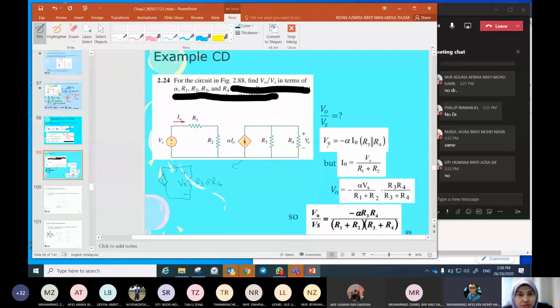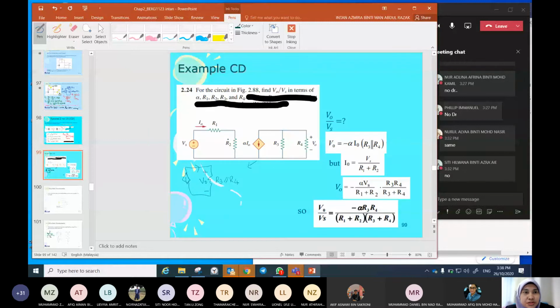So V naught over Vs is the voltage gain? Yes, voltage gain. We call it voltage gain. Output divided with input is gain. Okay, this is in terms of voltage, so voltage gain. I naught divided with Is is current gain. Okay. Maybe you found the term in other subject, right?